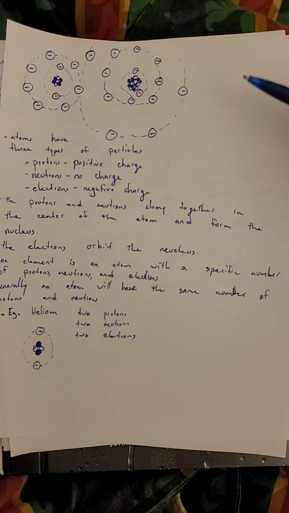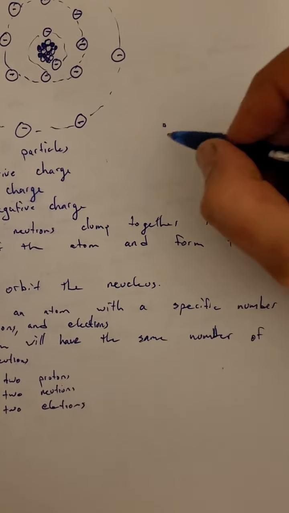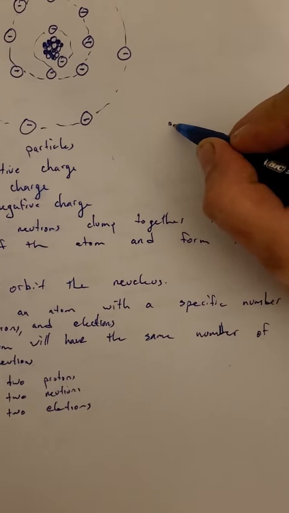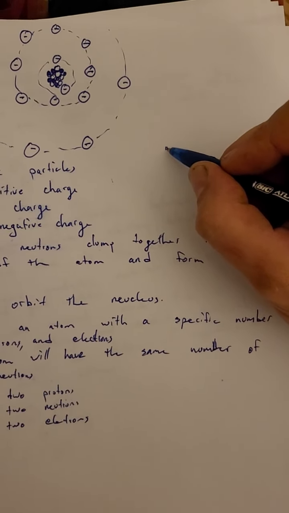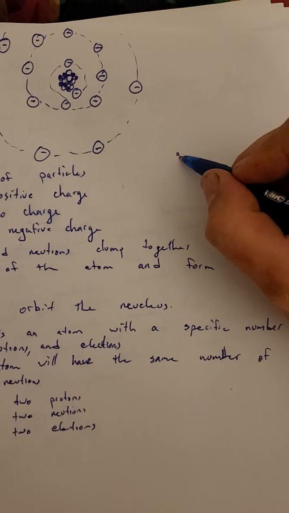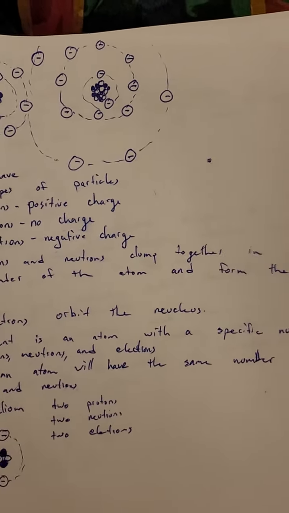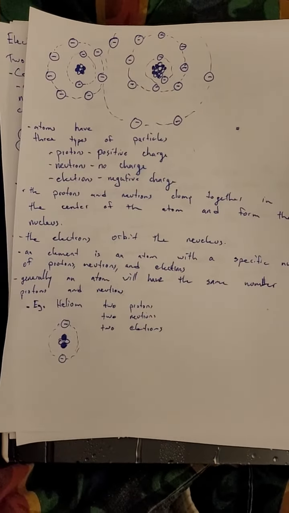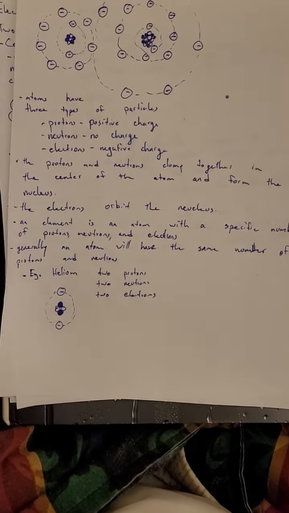So if you have, let's say, a tiny speck of sand, sand is generally made up of silicon and oxygen, the two elements, and at a very, very tiny level, smaller than even a microscope can see, you have atoms, and they're considered to be the most basic building blocks of the world, of matter.